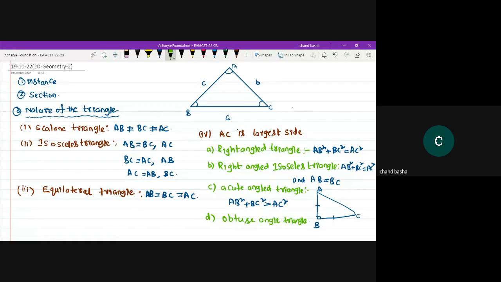Now you can take the opposite inequality, AB square plus BC square is less than AC square. These are the 4 points related to the properties of the triangle. Let's have an example related to these 4 points.